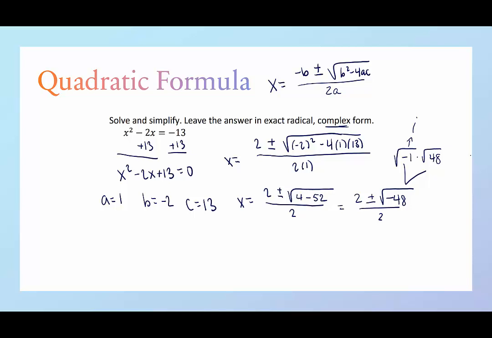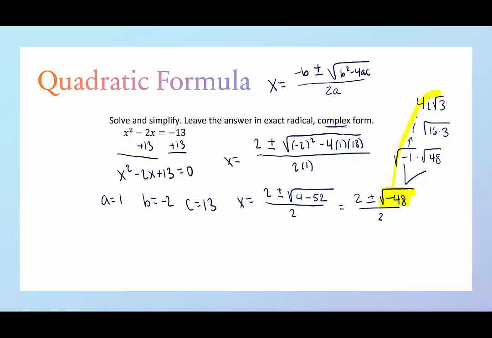It also has 4, which is fine, but then you'd have to do 2 steps, whereas if we use 16, we only have to do 1 step. So I'm going to think of 48 as 16 times 3, and then the square root of 16 is 4. Keep reading this i, so I'm going to put the 4 with the i, and then the 3 stays under the radical. So that's all stemming from this square root of minus 48.